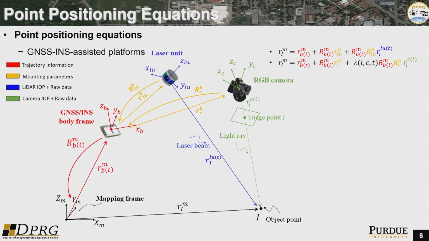So GPS-INS, if you are working under open sky, works well. The mounting parameters depend on how well you do your calibration and how stable your system is. And the internal characteristics again depend on the sensors. Not all sensors are created equal.